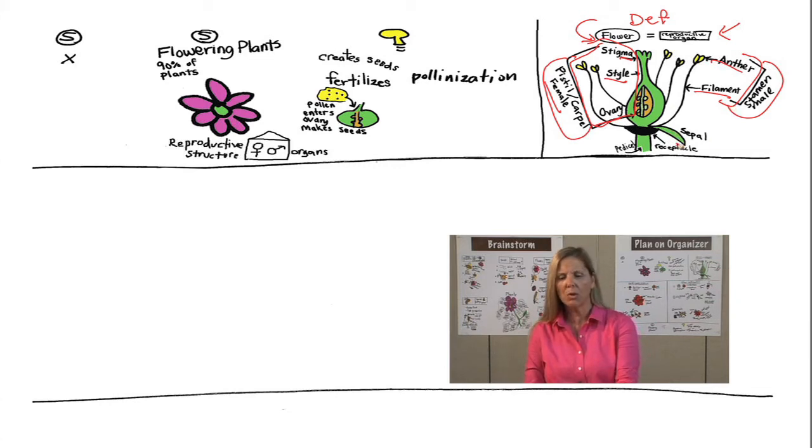And we added some other words just in case, but we probably weren't going to use those. This is the function of these parts and the function of these. So we drew a picture, labeled the parts, told the function of the parts, and started with a definition. We have all the information on our planner for our introduction, except for our hook in the reader, and that will be done at the end.